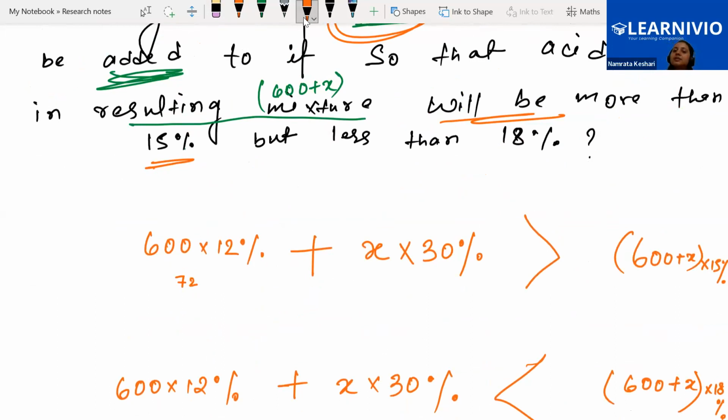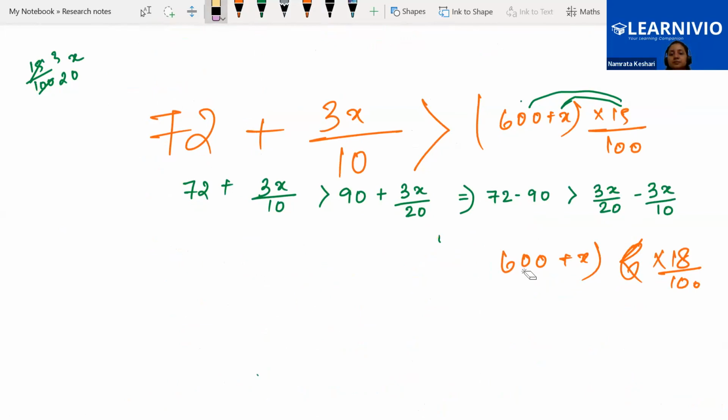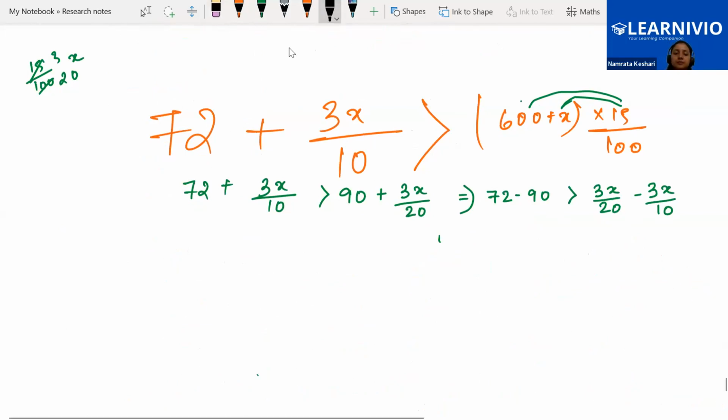This one only I have written x into 30 by 100, that is 3x by 10, greater than the other side, where I have written 600 plus x into 15%. Let's do it. We will be solving this green part first, and then we will think about the 18%.